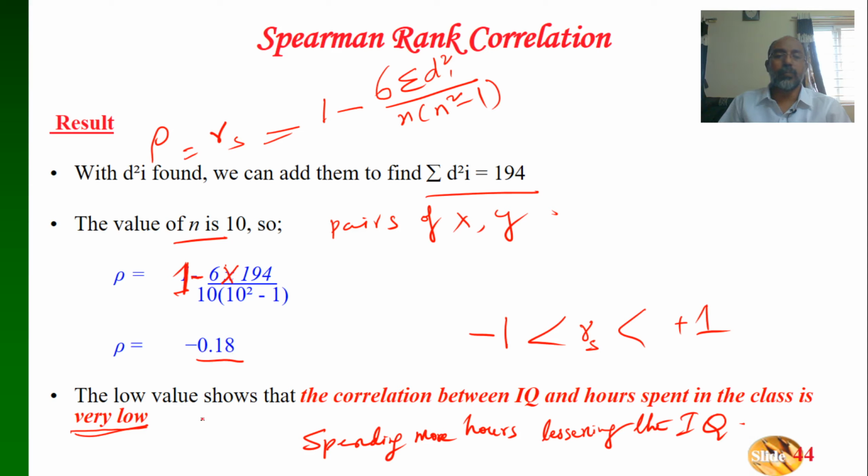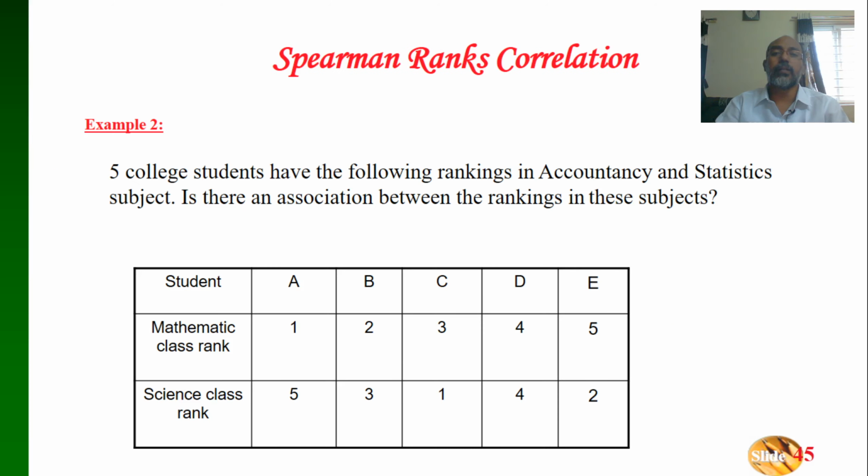So you can say that the spending hours and IQ in the class have very low correlation. We interpret that spending more hours in the class is lessening the IQ of the student. Okay, so we'll take one more example.